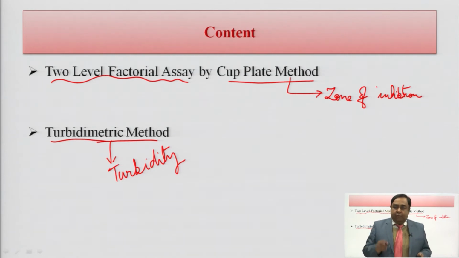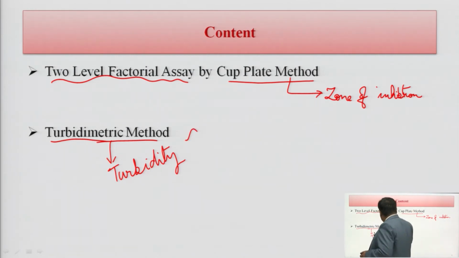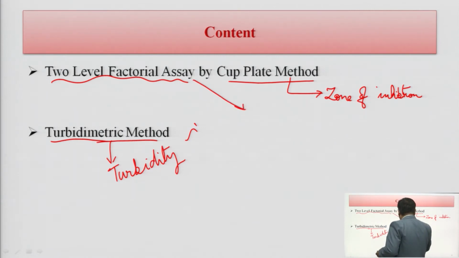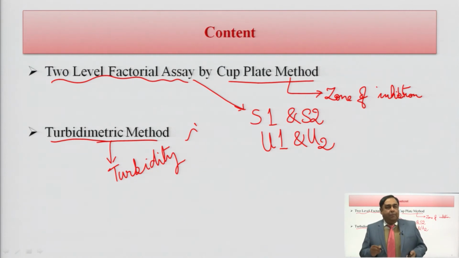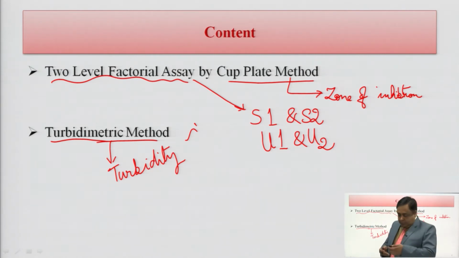We call it the two level factorial assay because we are taking two potencies of the standard, which we call S1 and S2, and for the unknown we call them U1 and U2. And with the help of measurement of the zone of inhibition, we will be calculating the two level factorial assay.